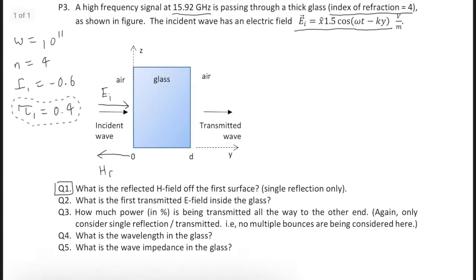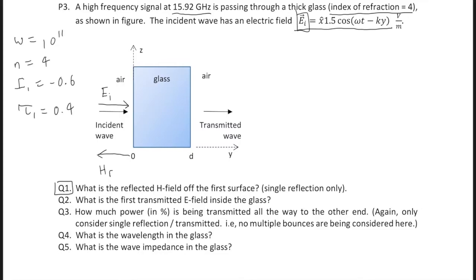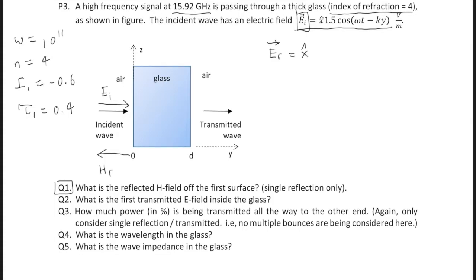Off to the side, our basic setup, since we know that we have the E incidence, or the electric field incidence, we can write E R vector is equal to x hat. And the reason why we say x hat is because the E reflected field will still be oscillating on the x plane, even if it hits this medium.